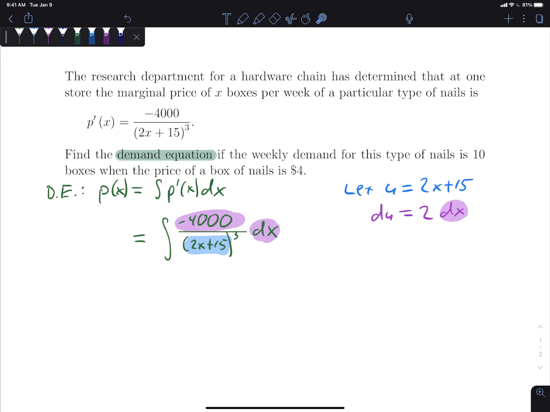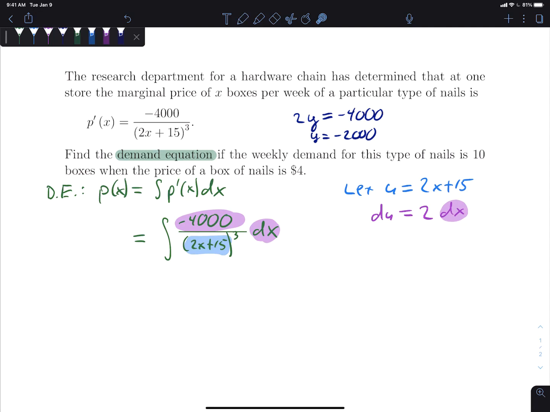So how do I get 2 to become negative 4,000? Well, off to the side, 2 times some value, let that be y, is equal to that negative 4,000. In other words, I want to know 2 times what number gives me negative 4,000. Divide by 2, so y is equal to negative 2,000.